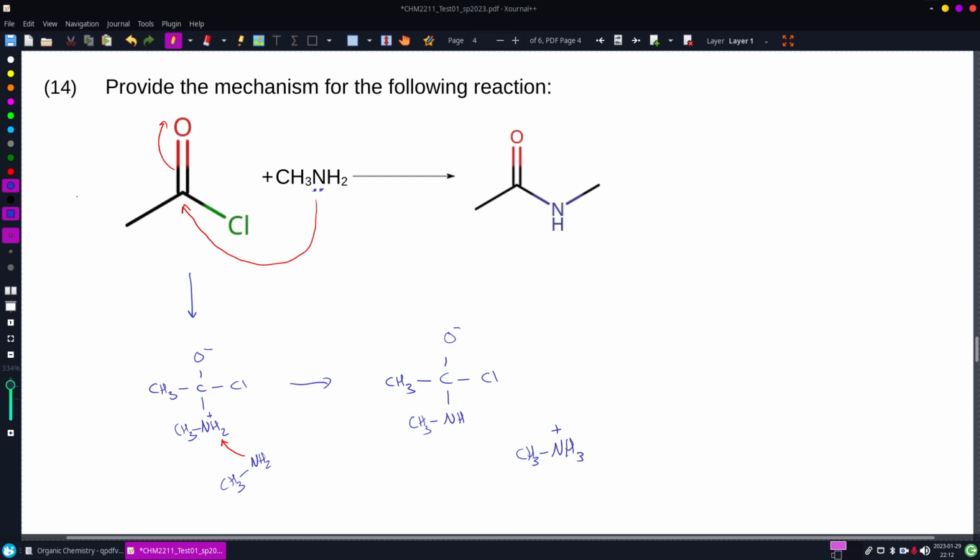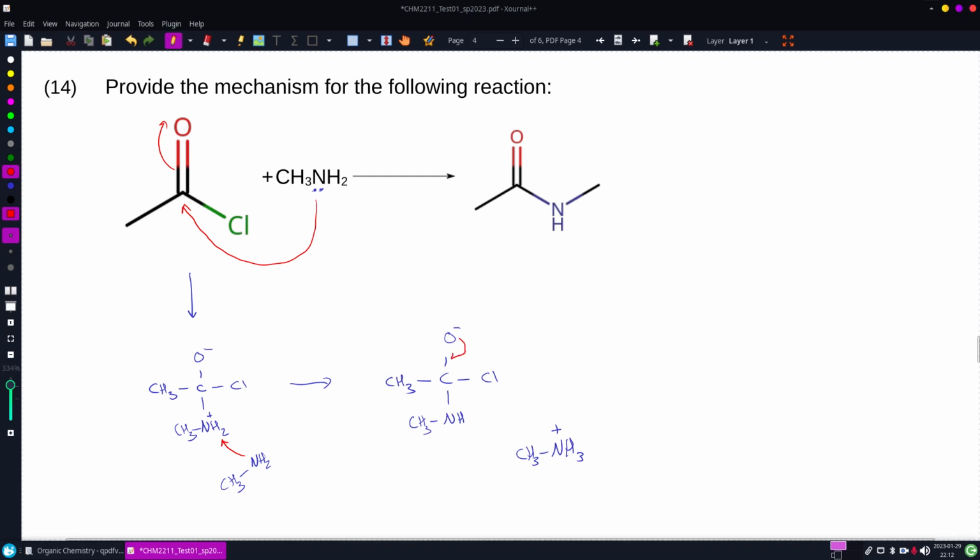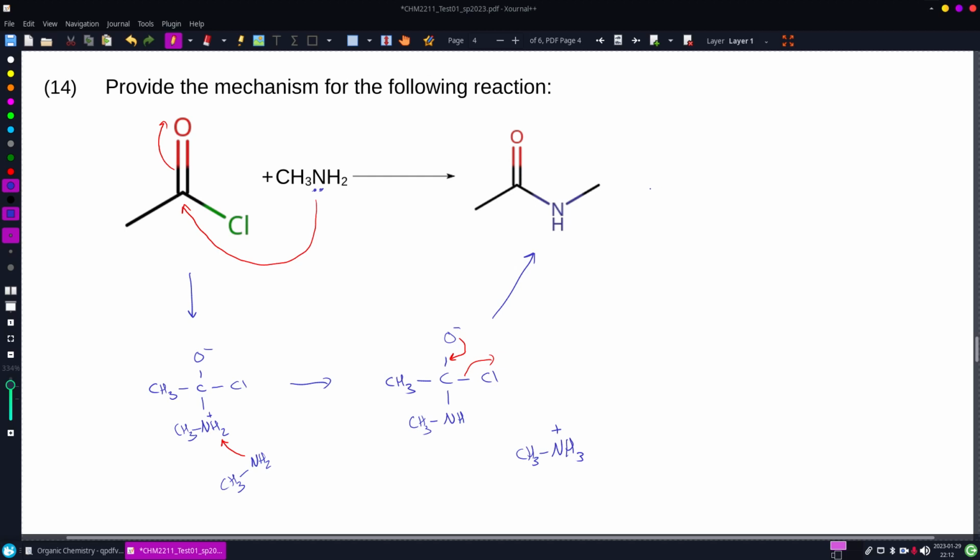Now this next step goes just to stabilize that charge. We move that down, kick off this chlorine, and that gives us this guy, and that chlorine ends up attached to that NH3 that we just made. You could draw it with positives and negatives, or you can lose both those.